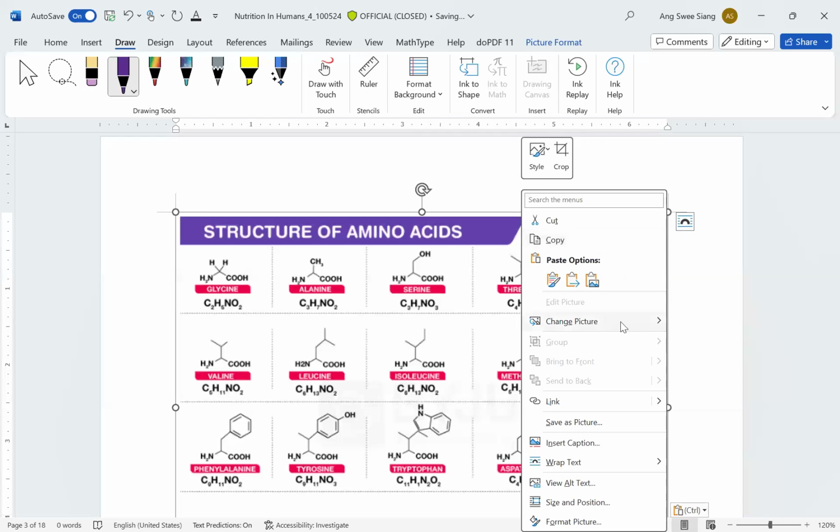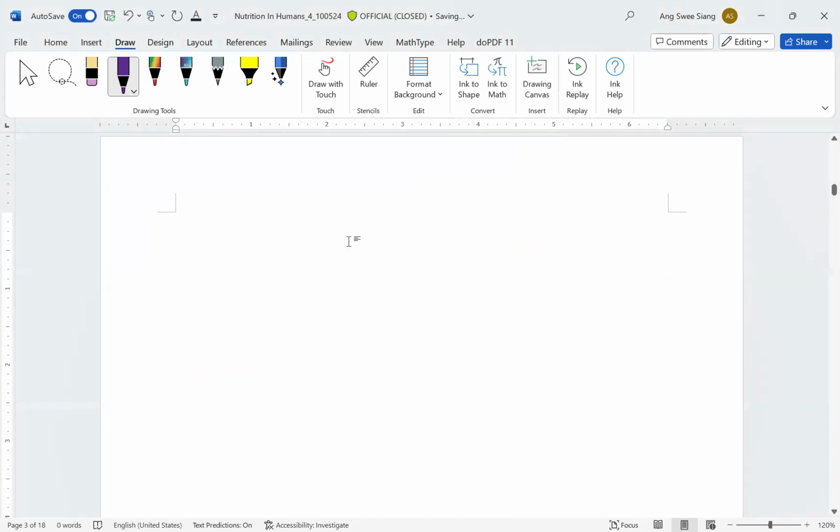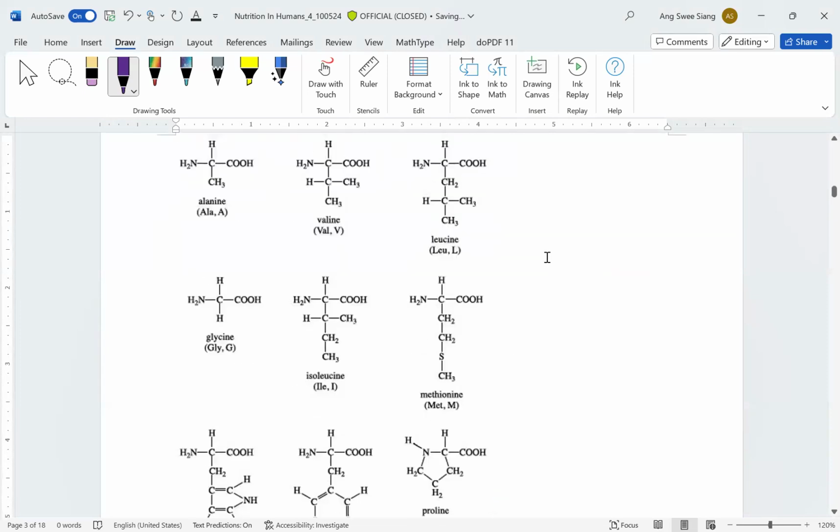This is not a very good one, and you may not know how to read it. I shall not use this image. I use this instead.